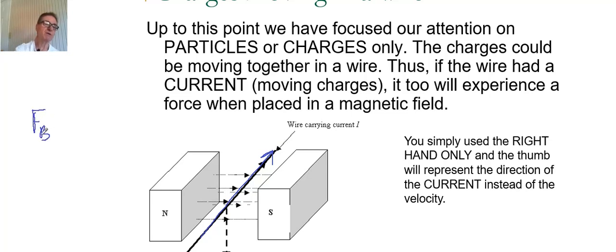Remember, FB equals qvB sine theta. And so collectively, all of these electrons in the current carrying wire are also going to feel a force. So let's take a look at what that would be.